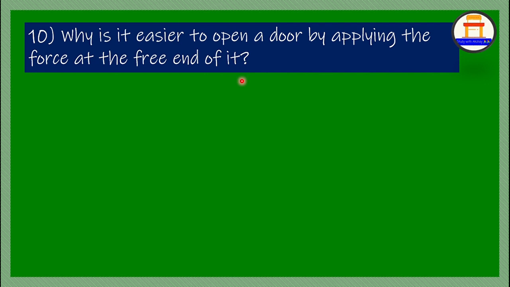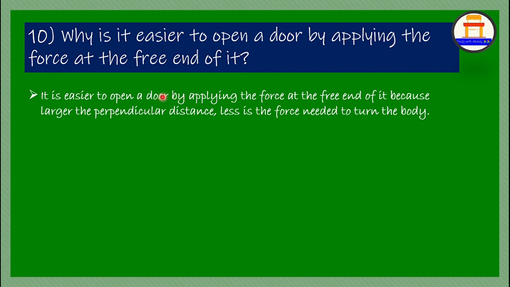It is easier to open the door by applying the force at the free end of it, because. If you just start with because, they might give you partial marks but not complete marks. This is a give reason question, so you write the question and then write because and continue.